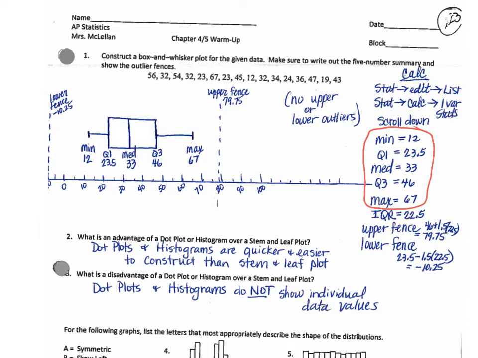I highly recommend putting all this data into your list and getting the 5-number summary from your calculator. That's probably going to be more accurate than trying to figure it out yourself in one variable stats. Next, I want to see the fences and their values. So go ahead and plot the fences and put how much they calculated out to be.